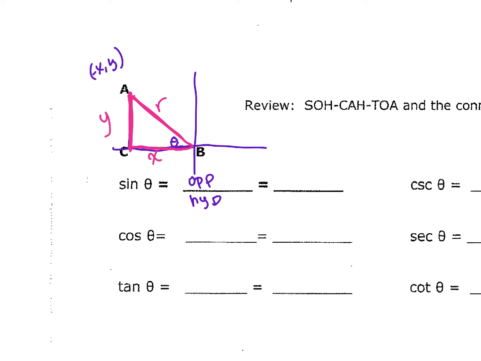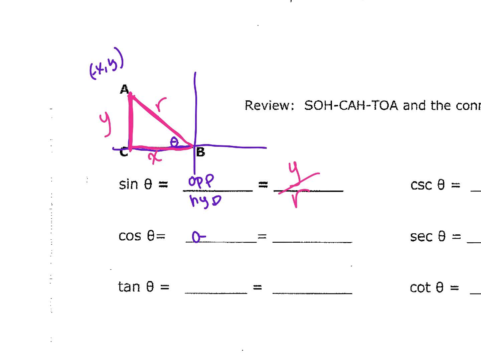But in general, for sine, if we're doing opposite over hypotenuse, we just want to remember that it's the y value over the r. The r is our radius, our hypotenuse, and on the unit circle, it's always equal to 1.